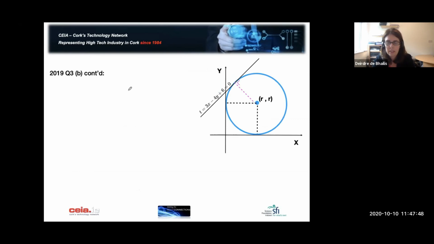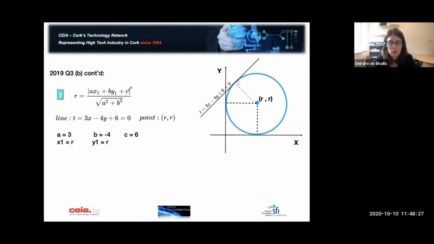Again, we're back to that all-important piece of information. We know that the perpendicular distance from the center to the tangent is the same as the radius. So we can say the radius is equal to that perpendicular distance formula. What line are we dealing with in this case? We're dealing with the line t, 3x minus 4y plus 6 equals 0. And the point we're dealing with is the center of the circle.